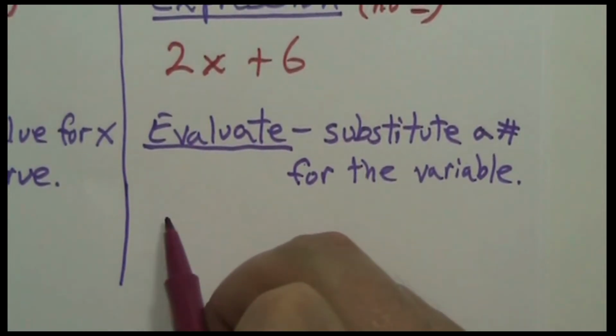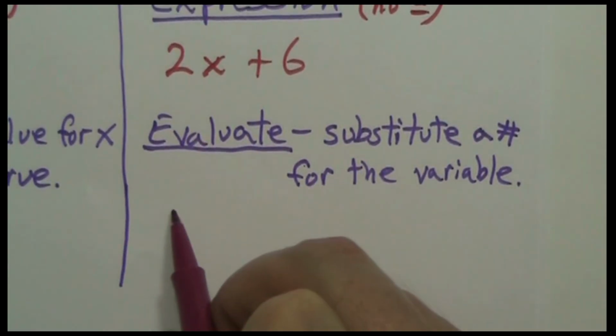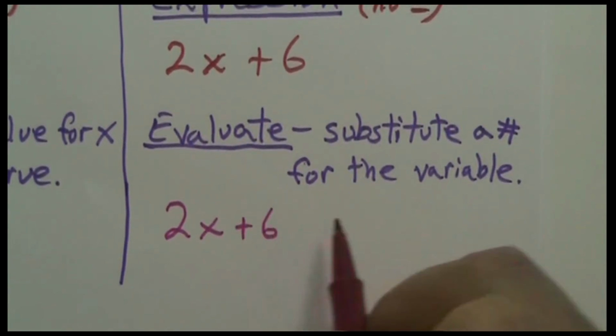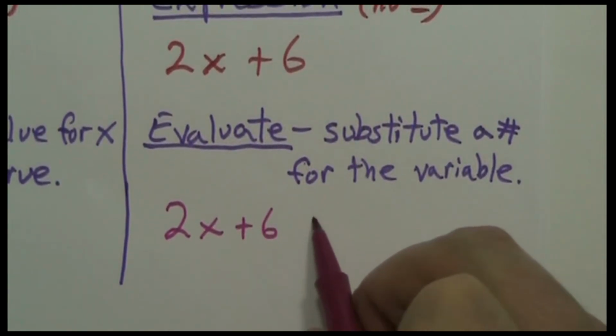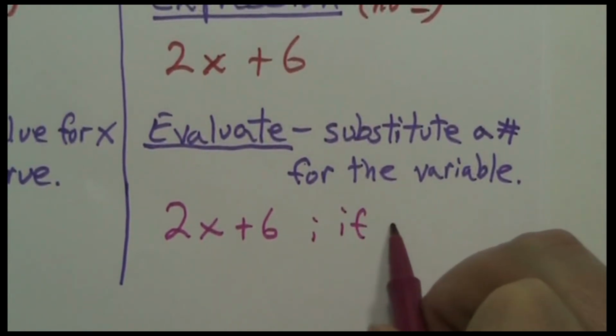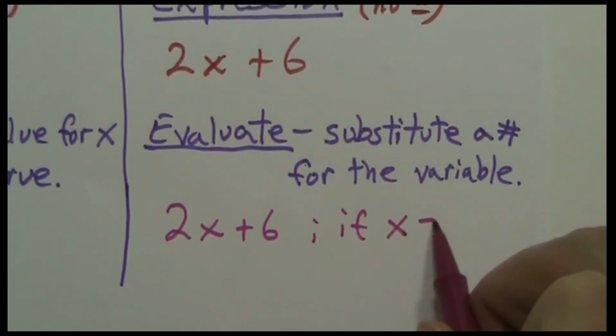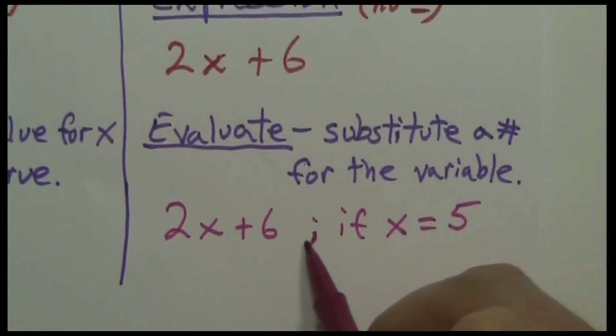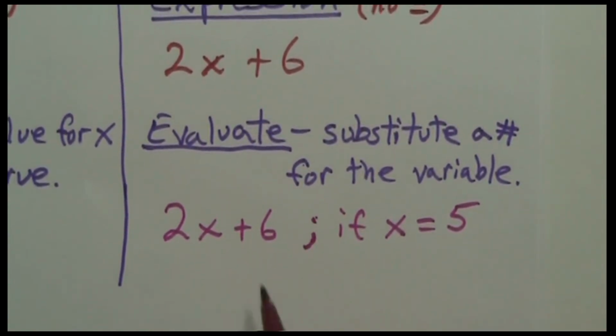And many times it will be written like this. So let's say we have 2x plus 6. And then they'll say if x equals 5. Sometimes we'll put a little semicolon in there. 2x plus 6 if x equals 5.